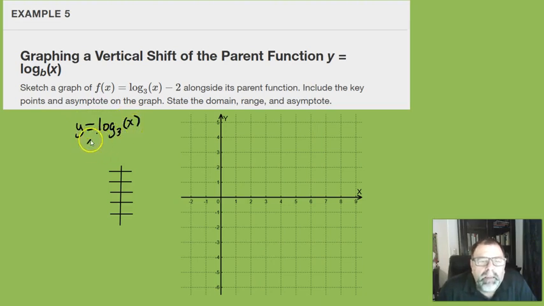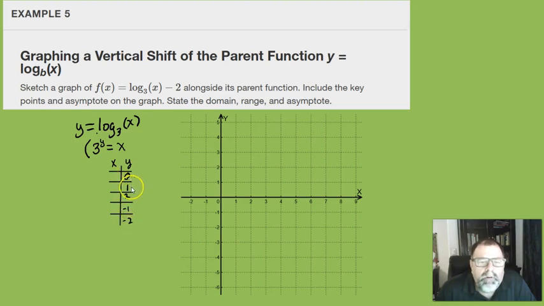And then again, the way I do it is I like to think of it in exponential form, 3 to the y. Remember, log equals exponent. So y is the exponent for the base 3 that gets you the number x. So again, I'm going to do 0, 1, I'll go ahead and go out to 2, negative 1, negative 2.